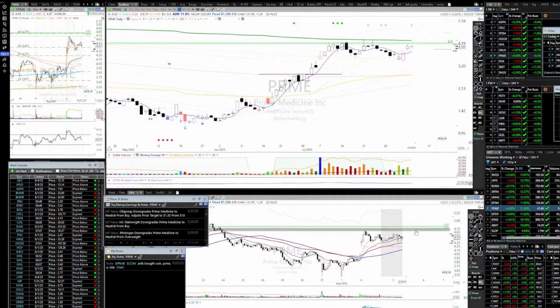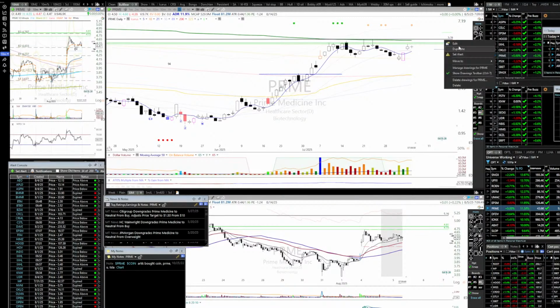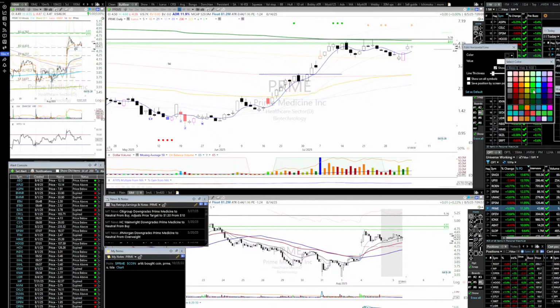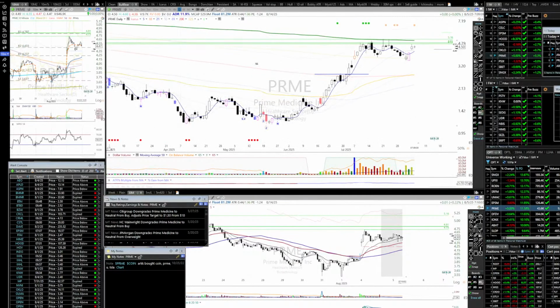But why not if it goes close to 5 and the IPO VWAP? I mean, maybe it's even better above here, actually. I'm setting an alert.